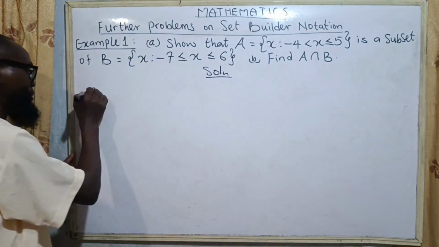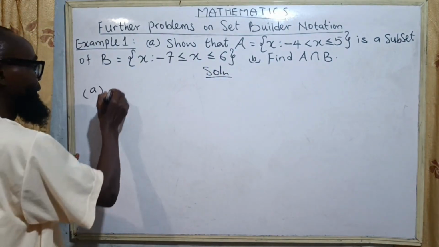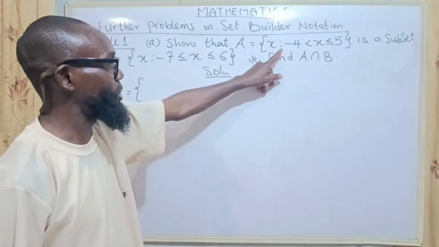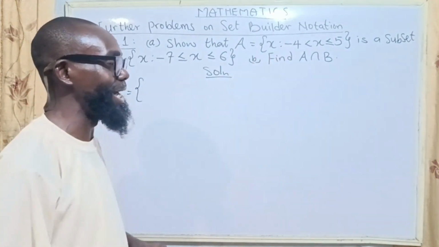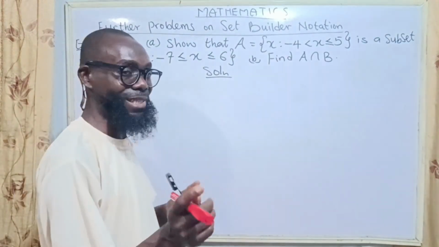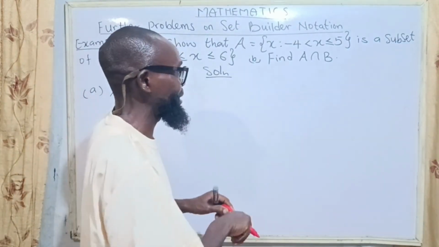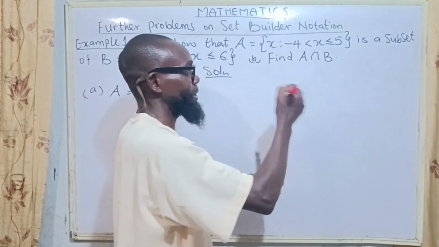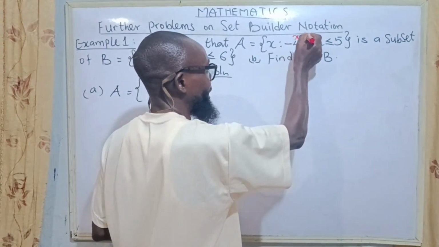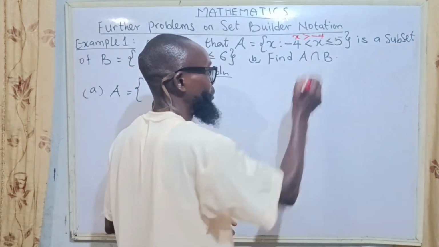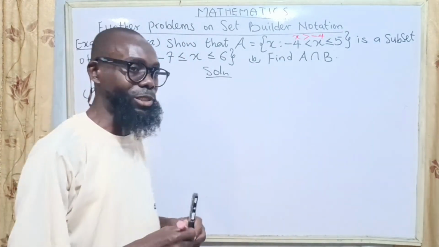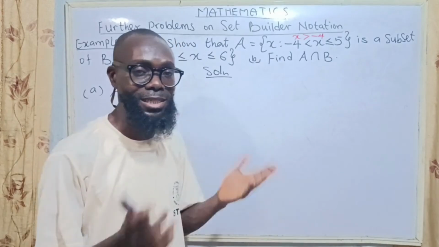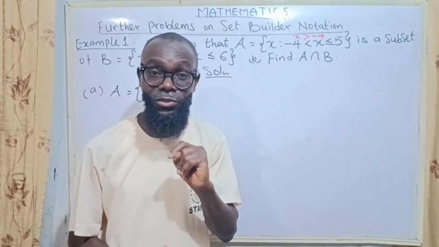We want to show set A equals x such that minus 4 is less than x. From our first lesson, I taught you to change this from right to the left. So we have x greater than minus 4, meaning that we are going to start from a number greater than minus 4. Which number is greater than minus 4? That is minus 3.